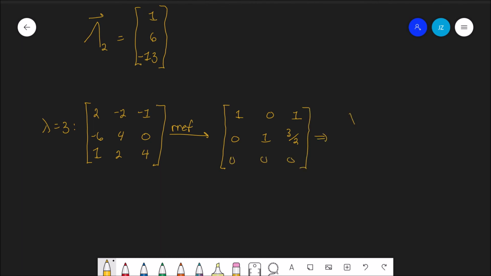Which gives us the system x1 is equal to negative x3, x2 is equal to negative 3 halves x3. So we make x3 equal to negative 2. And we get our third eigenvector to be 2, 3, negative 2.